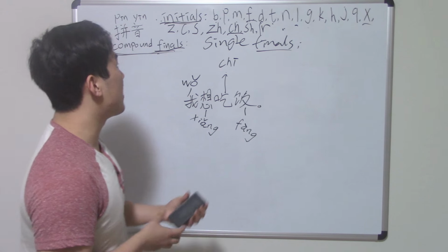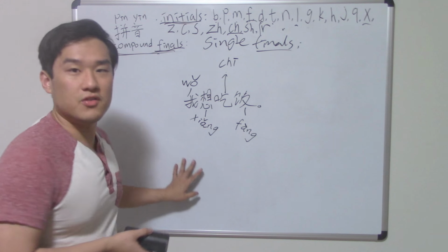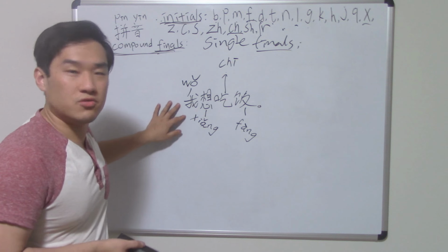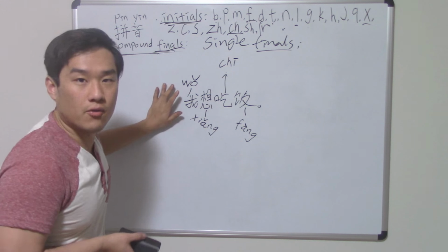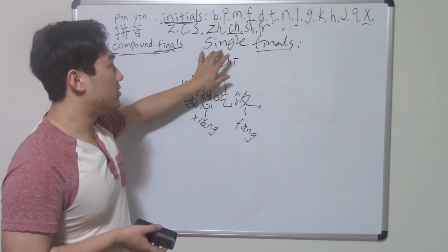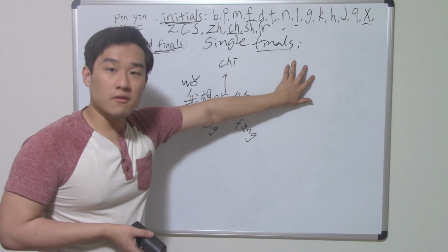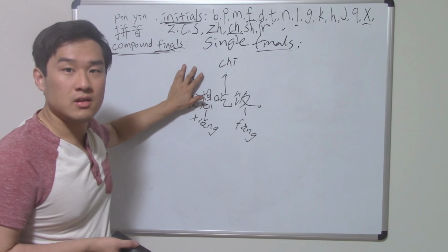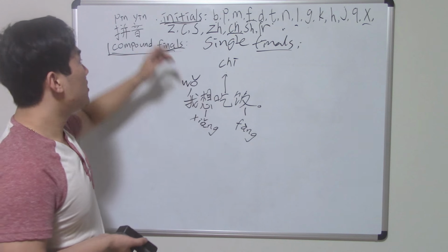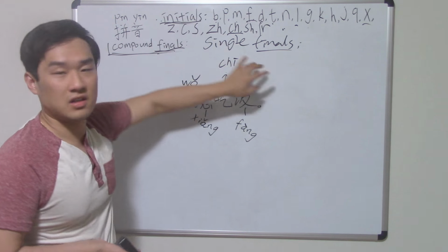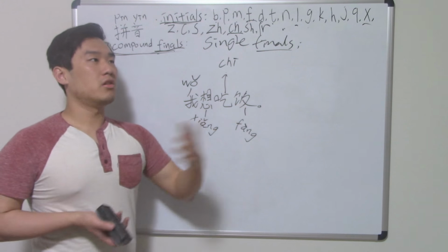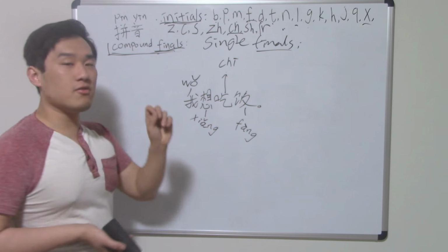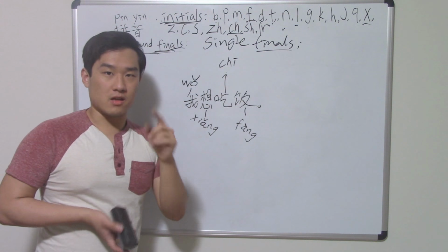Each Chinese character, each word, has a pinyin associated with it, and the pinyins are formed as follows. Basically, they're either single finals by themselves, or compound finals by themselves, or combinations of initials plus single finals, or initials plus compound finals. And that's all we have. And each of those only sounds like one sound.